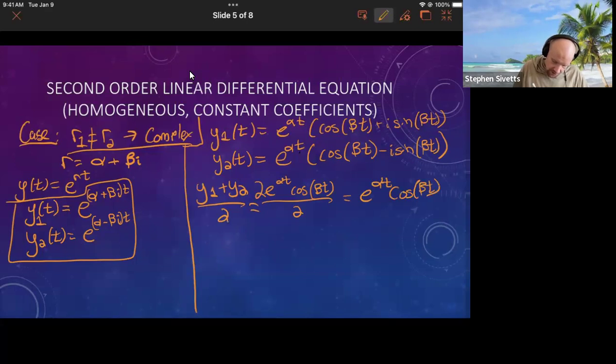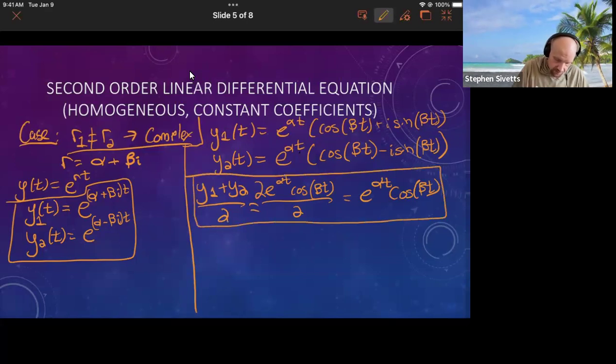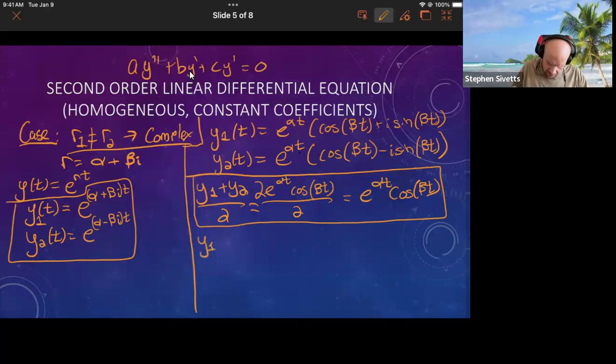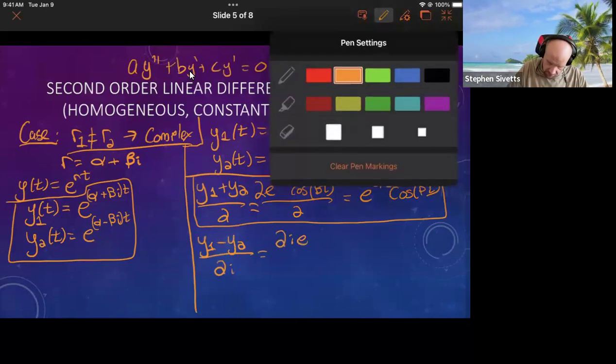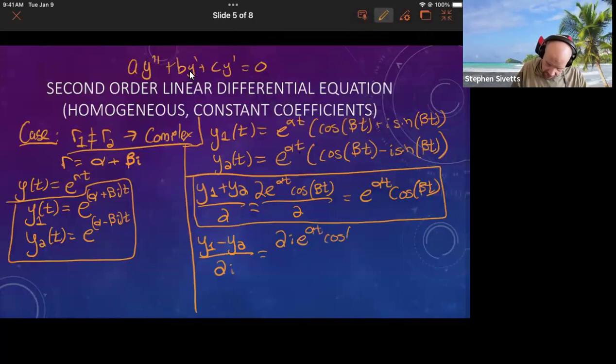So this is one function that is a solution for the second order differential equation, right? Also, if I subtract the two functions y1 and y2 and divide by 2i, the cosines go away and I get 2i e to the alpha t sine of beta t over 2i.